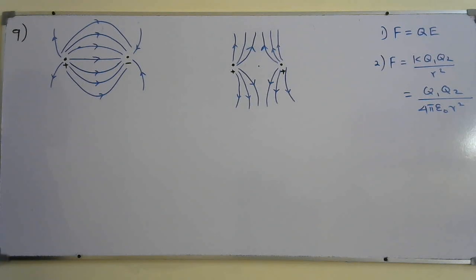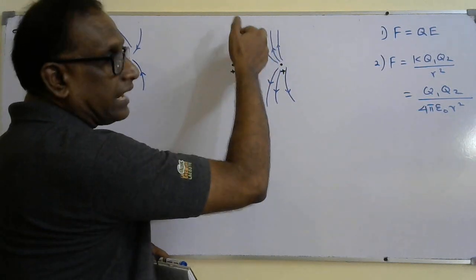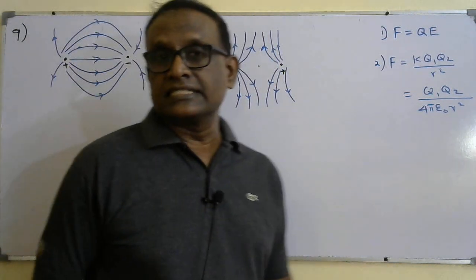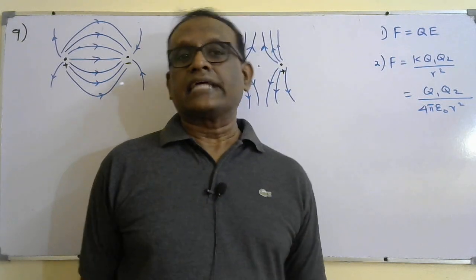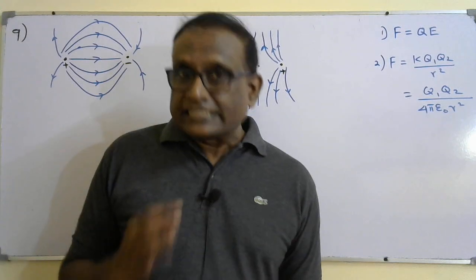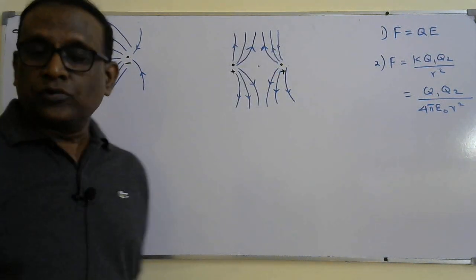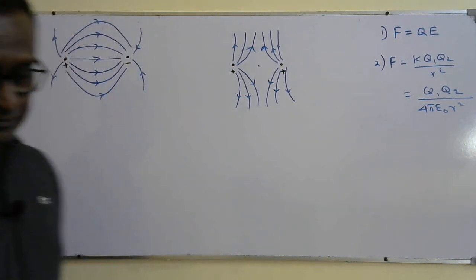That is called a null point or neutral point. Here also, if you draw a tangent at a point on the field line, that indicates the direction of the resultant electrostatic force acting at that point, or the direction of the electric field strength at that point could be found by drawing a tangent at a point on the field line.